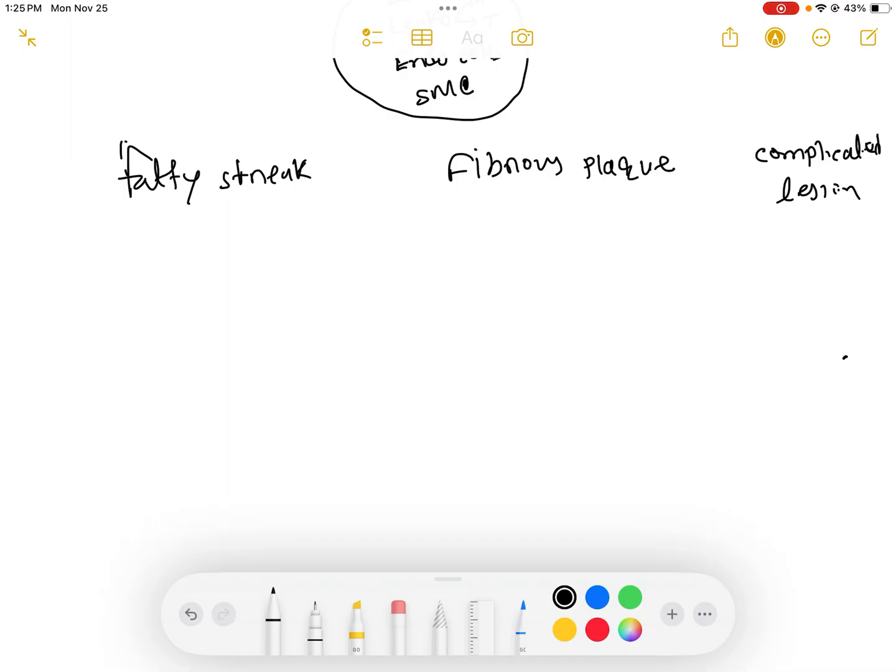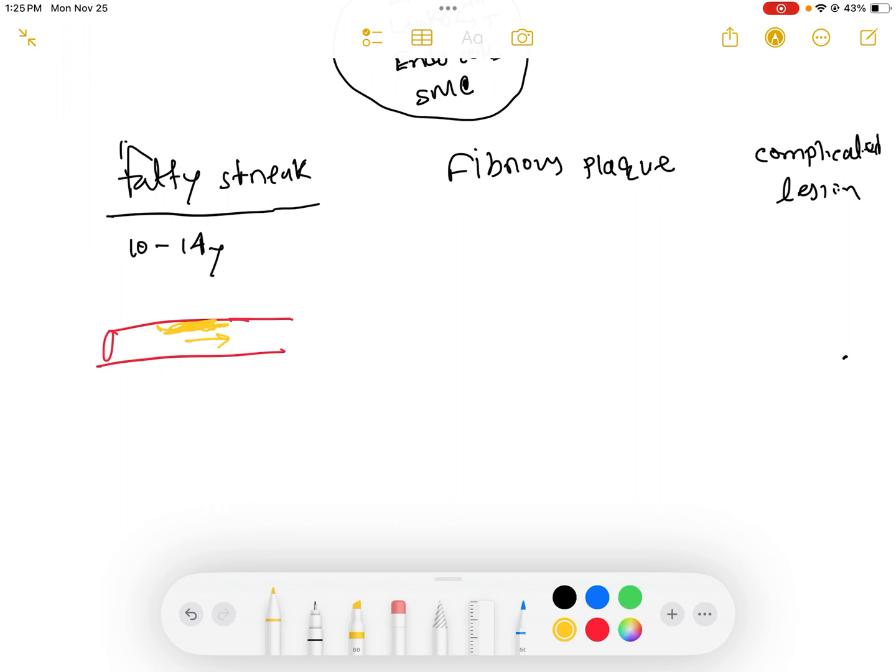It can be found in children 10 to 14 years of age. This appears as a yellow streak running along the major arteries.